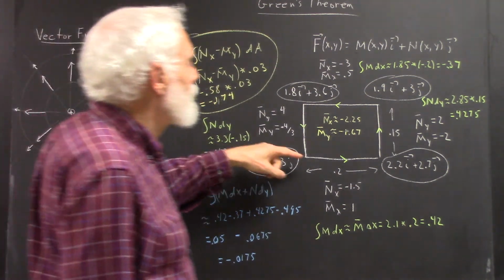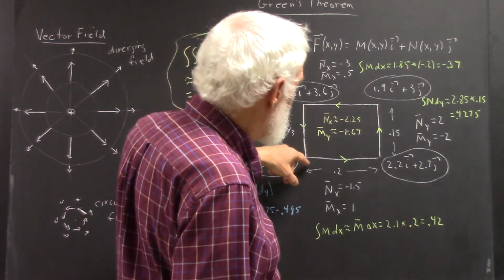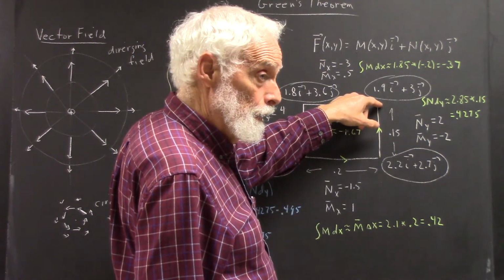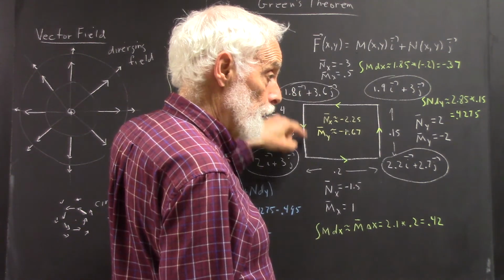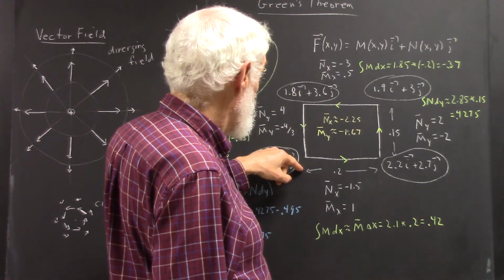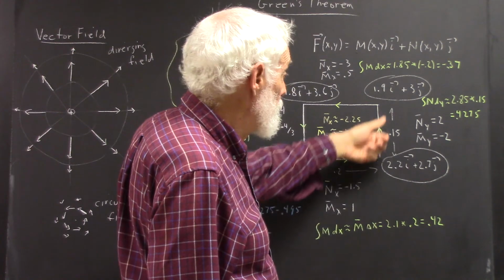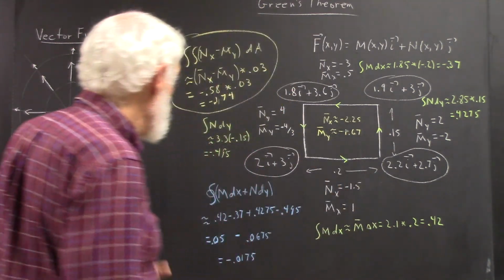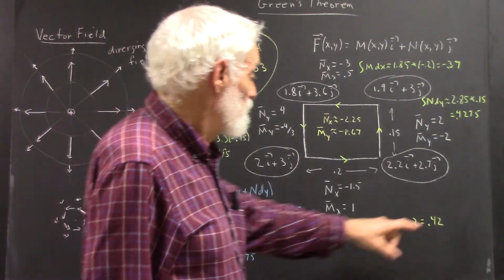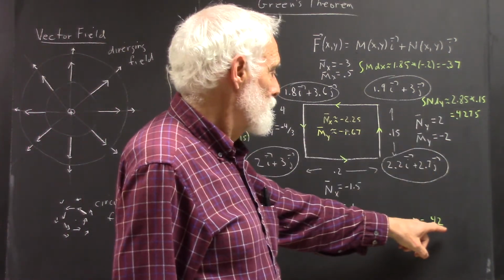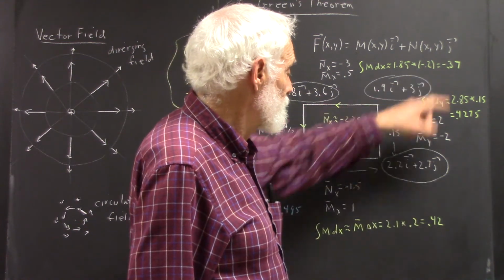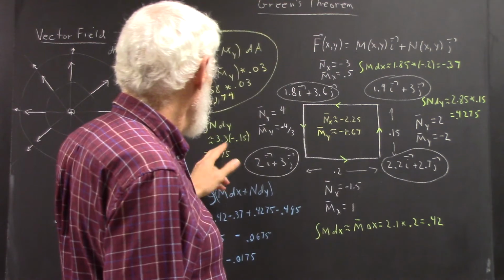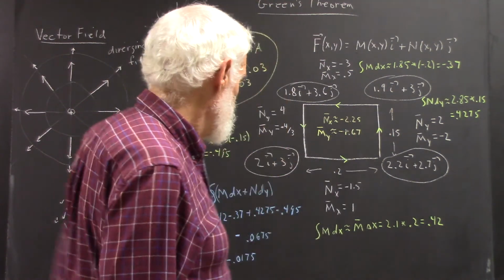So the line integral, the summing up of all the M values from here to here, all the N values from here to here, all the M values from here to here, all the N values from here to here, all the values with respect to distance along the edges, should be pretty close to this plus, let's look at it this way, this plus this, because that's how the M integrals change, and this plus this, which is how the N integral changes.